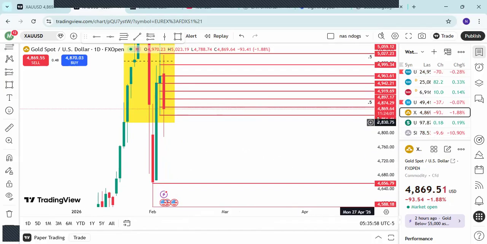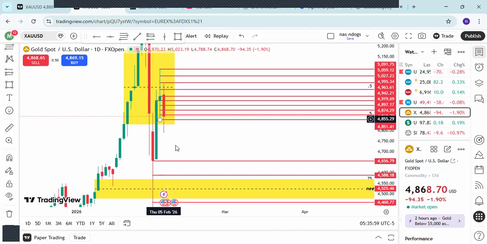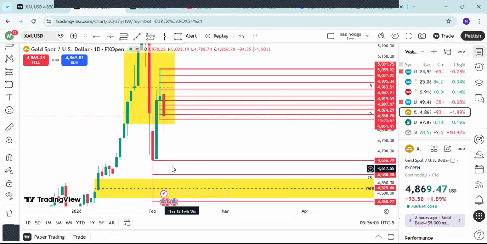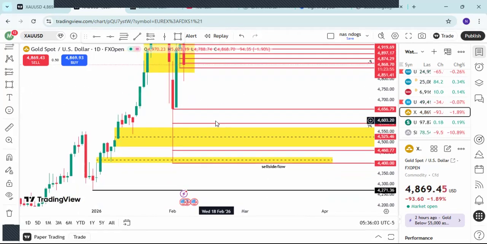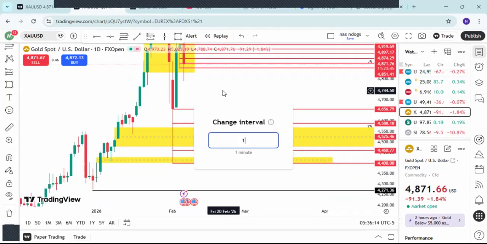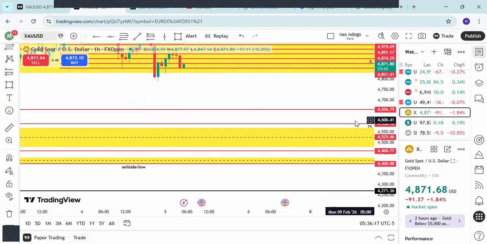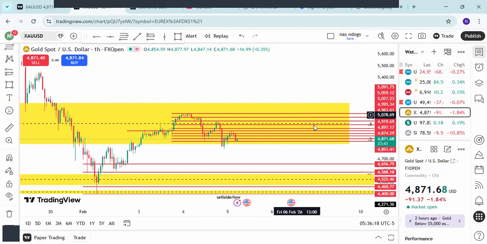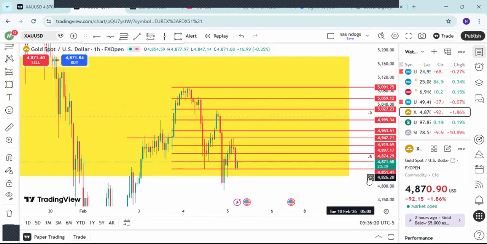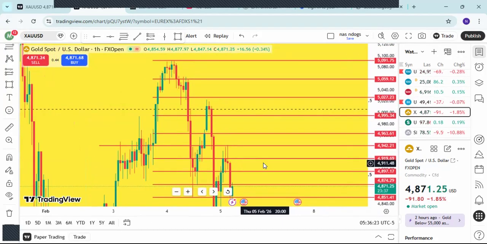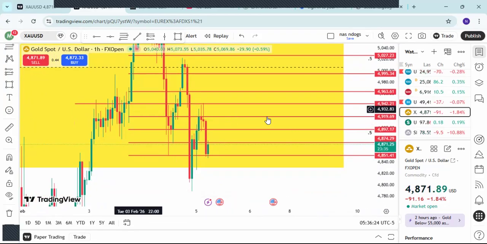So we're going to look for gold to go down to come into this rejection block in here and in here, ultimately. We'd like to sit in here for sure. So if you go on the 1 hour gold chart, this is gold, 1 hour.